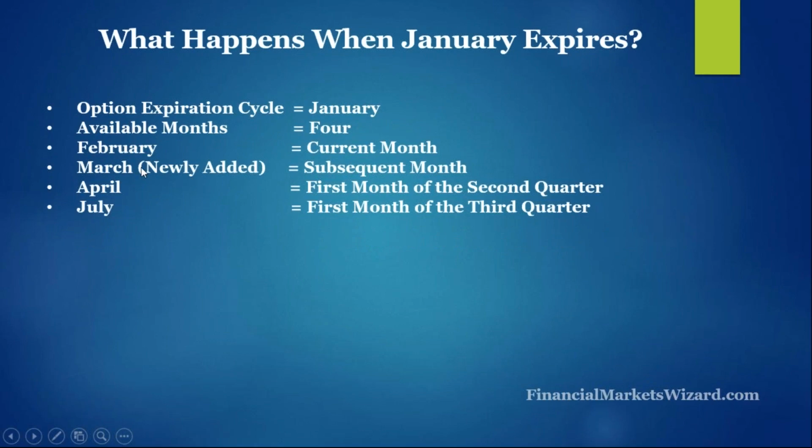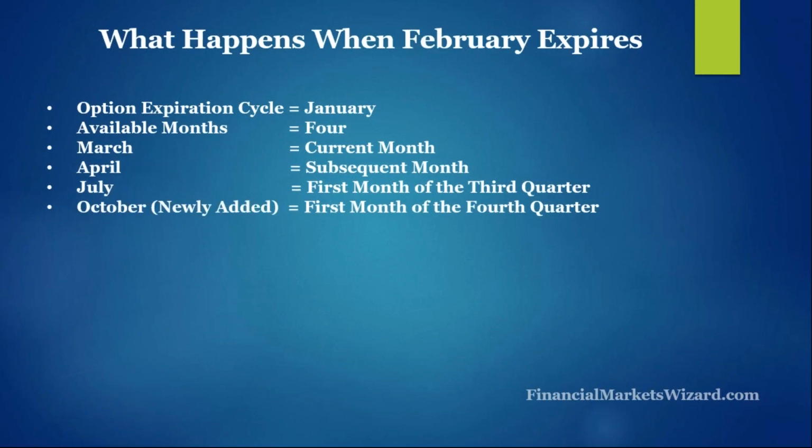Then when January expires, we add March, because there's no more January, there's a February, and March needs to be the subsequent month. April and July were already there, so nothing to do with them. Then when February expires, because April and July were there, comes the October from this January cycle.